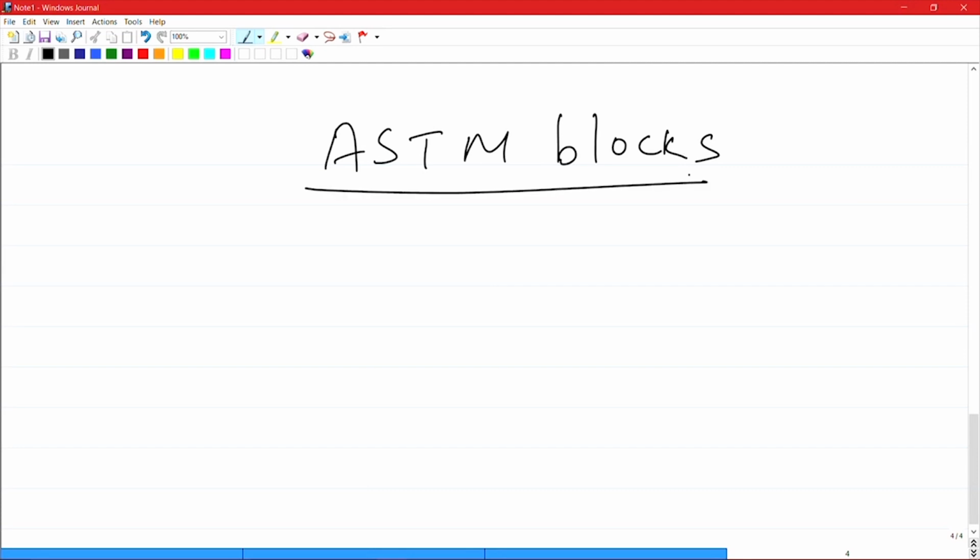And like the series B blocks, these ASTM blocks can also be used for calibrating both distance and area.